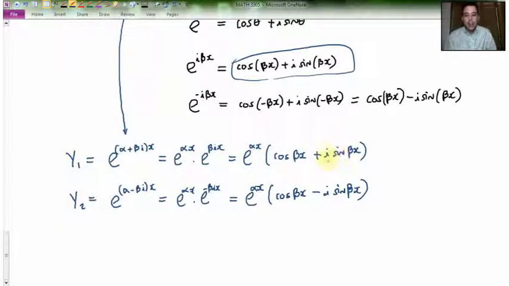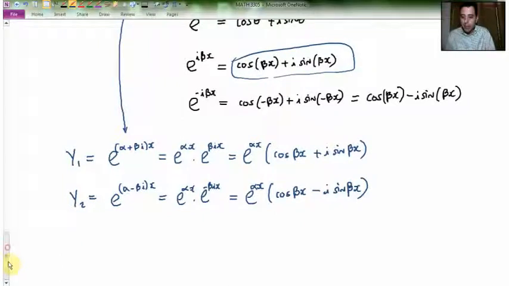Yeah, we still have the i, right? We still have the imaginary number there. But you remember that if we add two solutions, then what we get by adding is another solution. So we can simply add these two here. Yeah, we can add and subtract. Let's see what happens. If we add, that's another solution, okay?